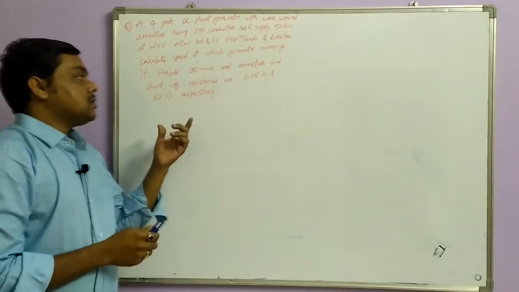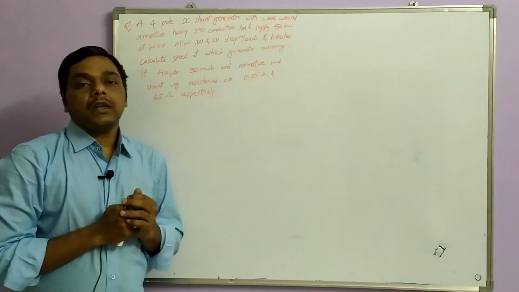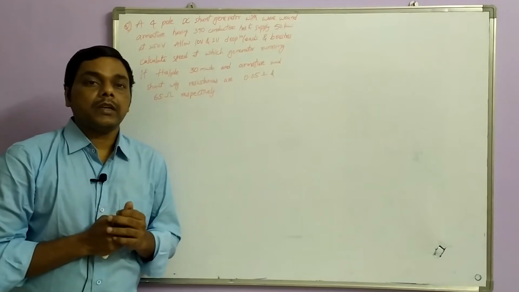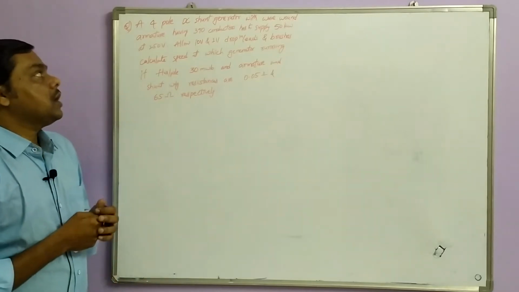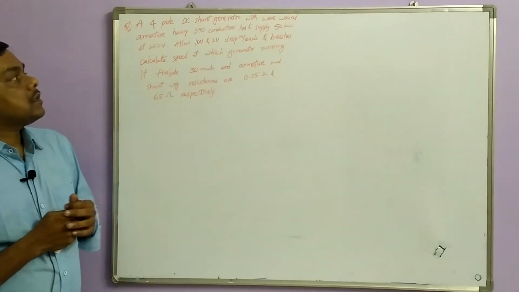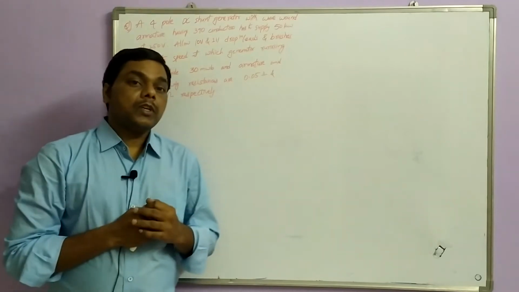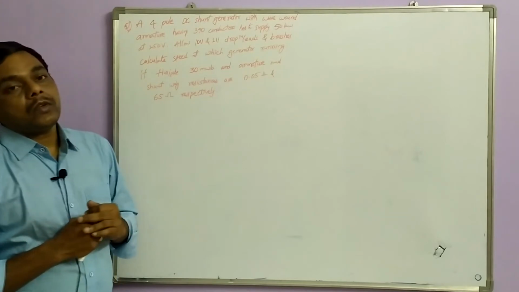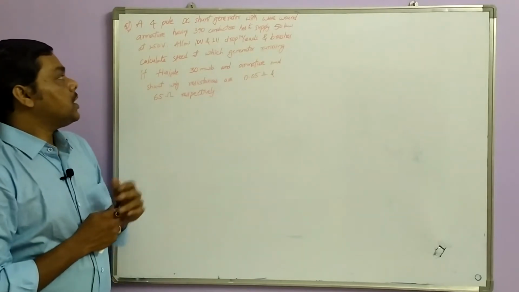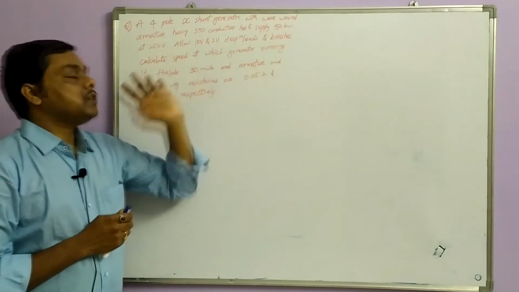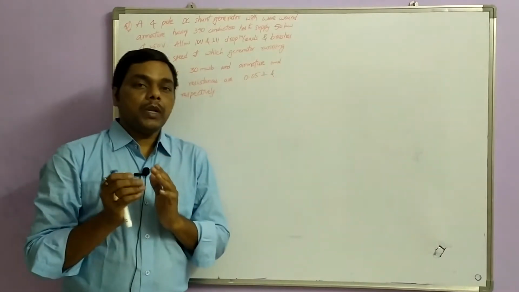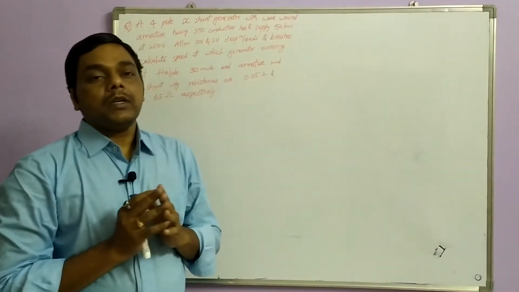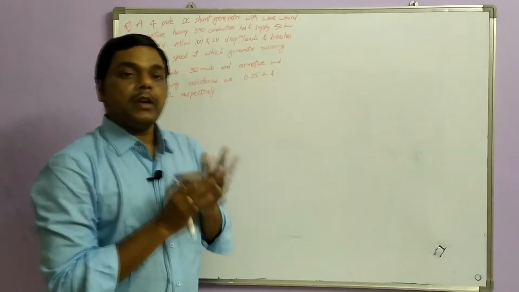Now if you see this problem, it is a shunt generator having 4 poles and 390 conductors, and output power is 50 kilowatts and output voltage is also given. To determine the speed at which the generator is running, speed is a parameter that depends on the generated EMF.